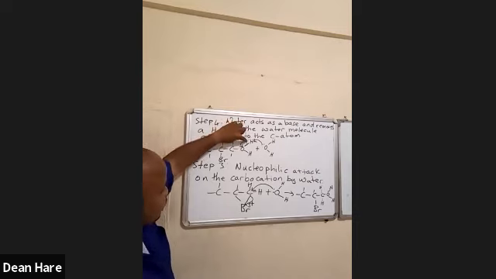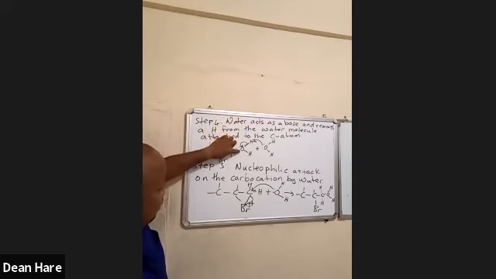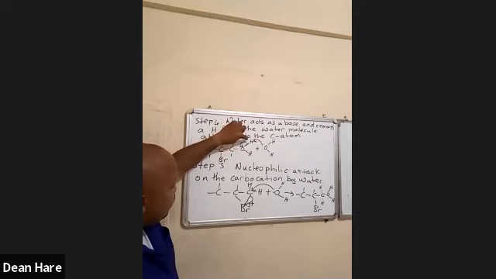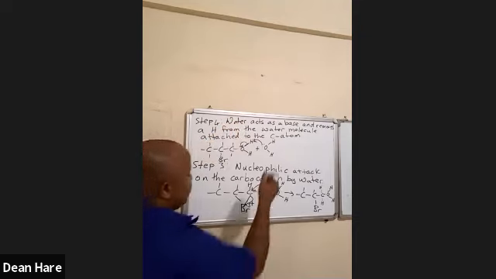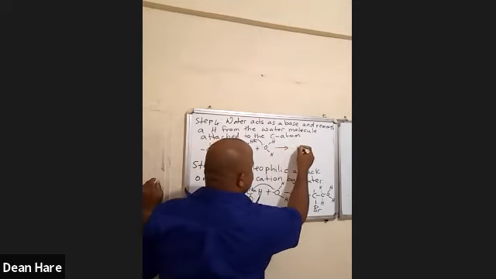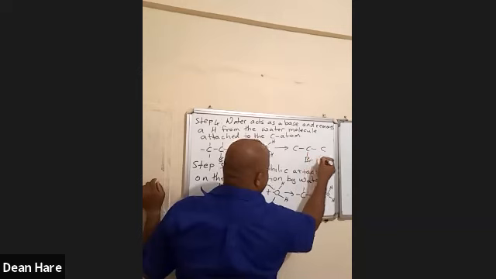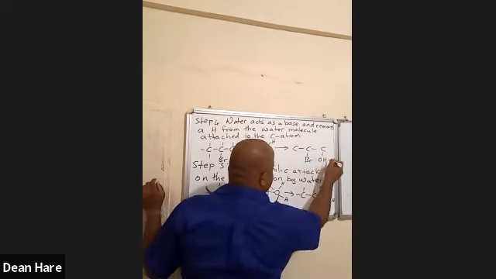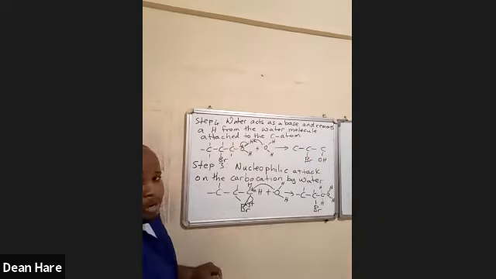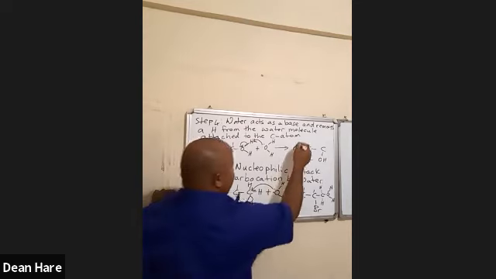And so the electrons return to oxygen. It's a heterolytic bond breaking process, and so we use the curved arrow. And so the product now has your Br and your OH. And that is how you end up with your halo alcohol.